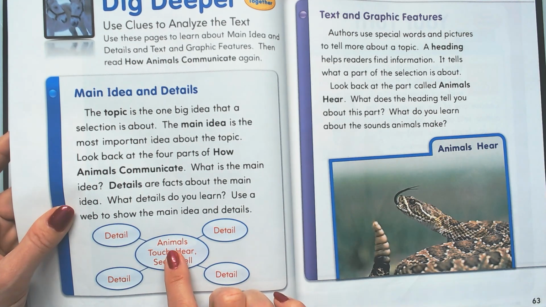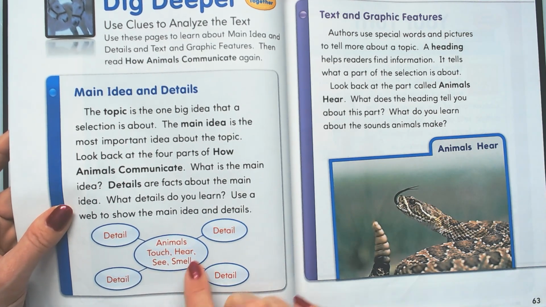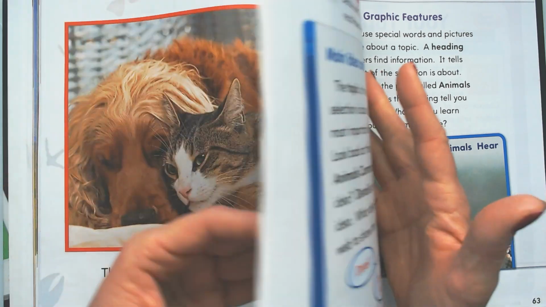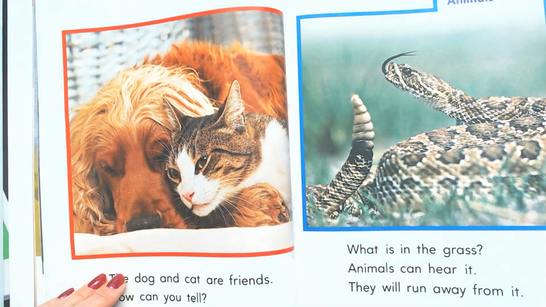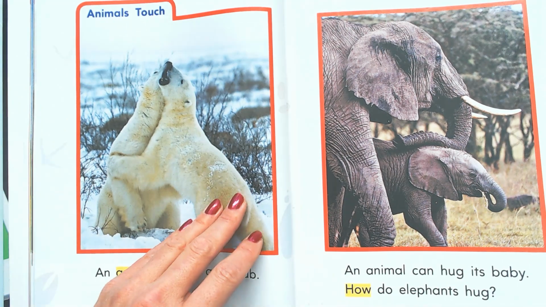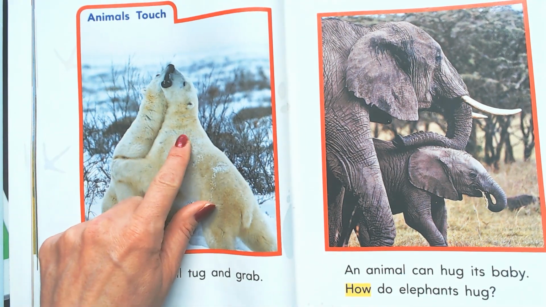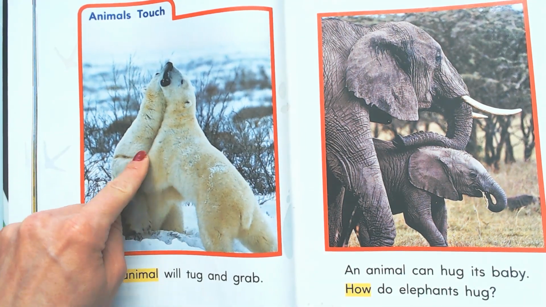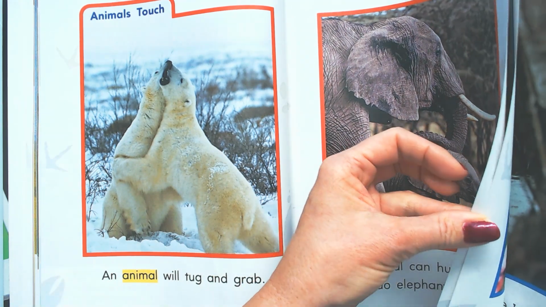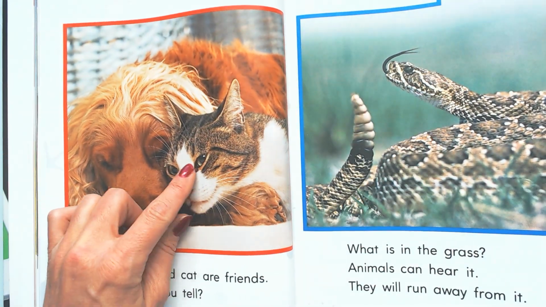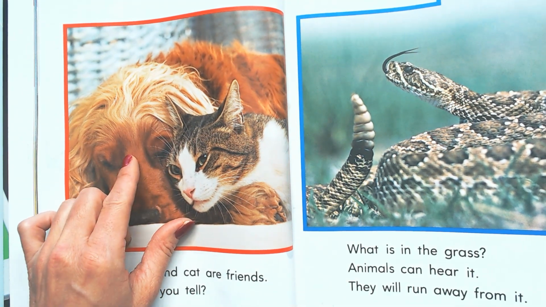Like it says, animals can touch, hear, see, and smell. And then the different examples you saw on each page were the details. Like, how do they touch? Well, these two are touching by tugging and grabbing each other. This one's touching by hugging its baby with its trunk. These are just snuggling.